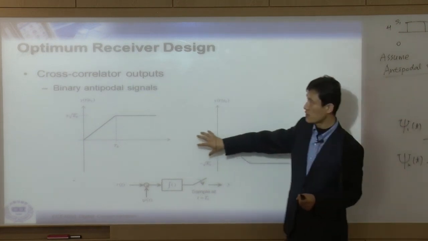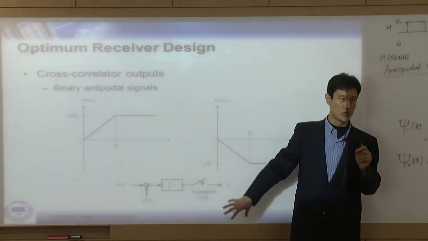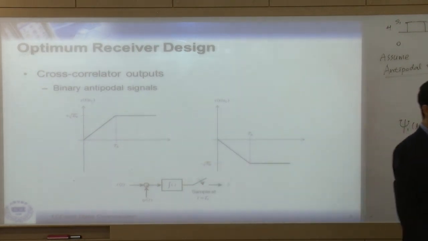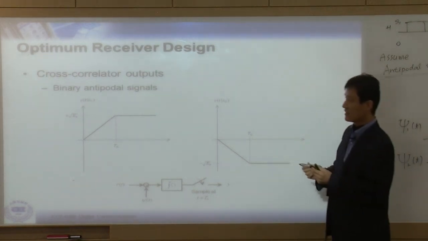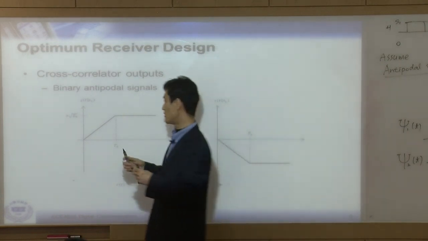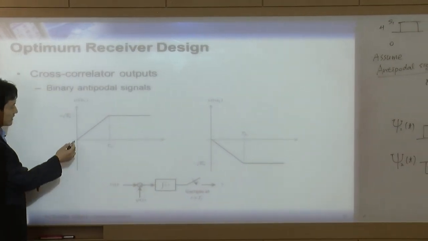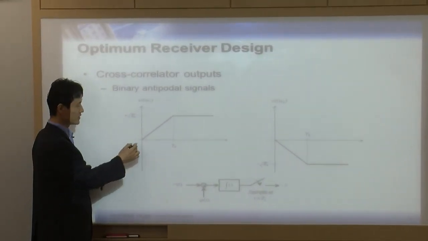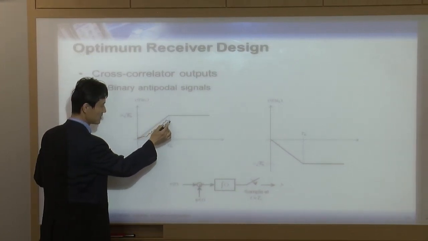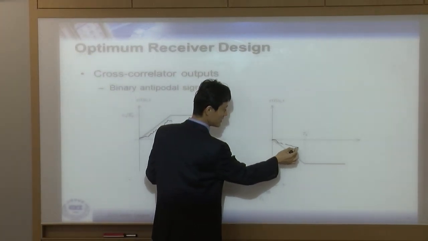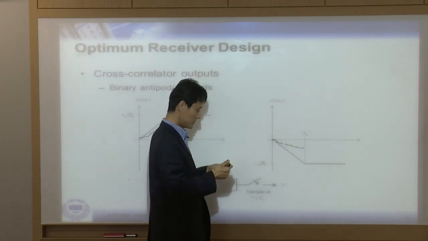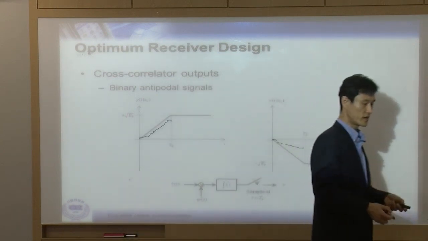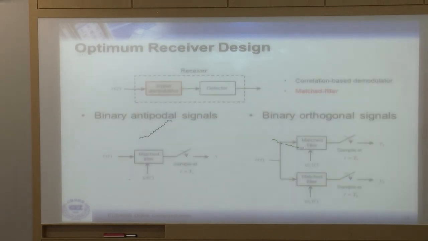This picture shows you the case where we have no noise. If there's no noise, that's what's going to happen. But if there is noise, then we're going to get different values, maybe something like this or something like this.